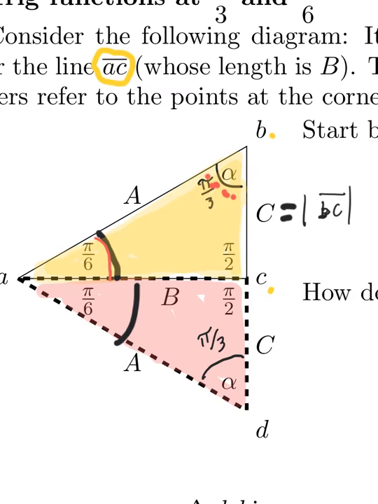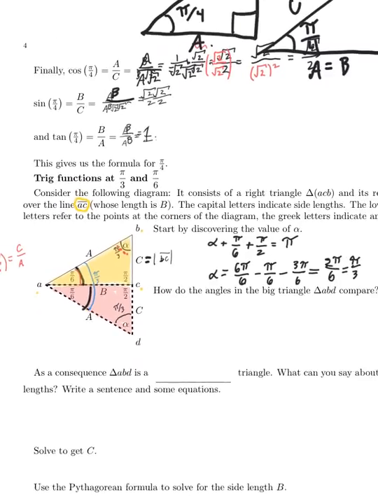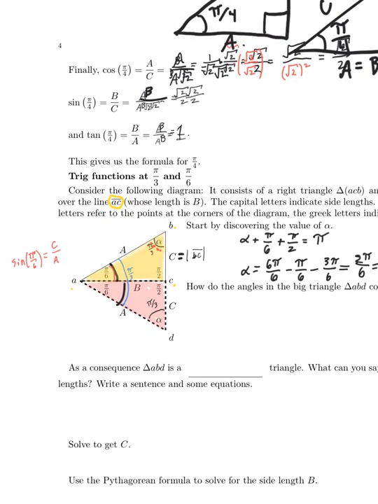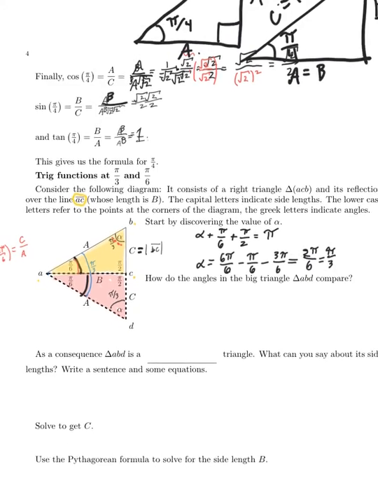But check this out. This blue angle is built out of an angle of pi over 6 and another angle of pi over 6. So that angle must also be pi over 3. So if you look at the big triangle, that is the triangle A, B, D, look at those angles.